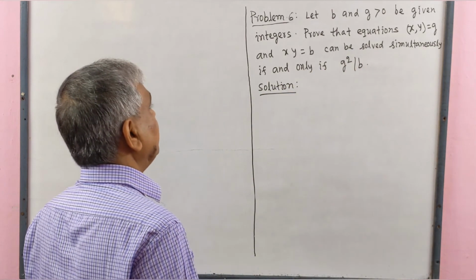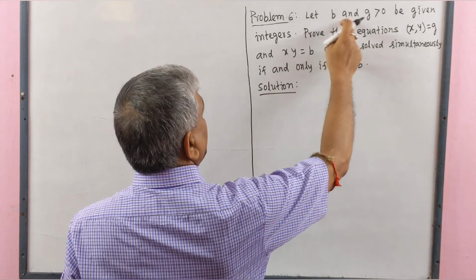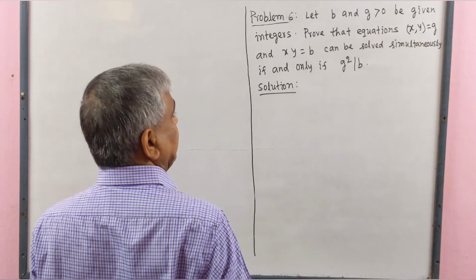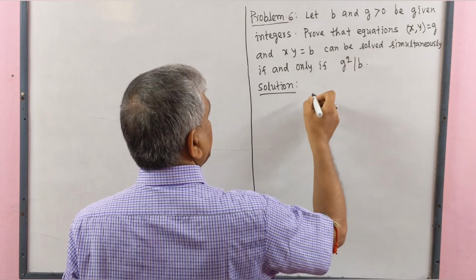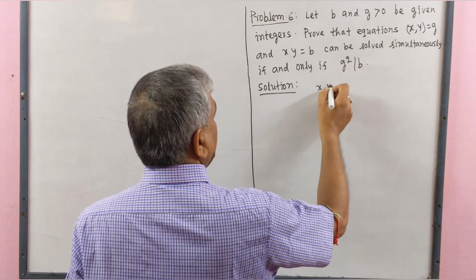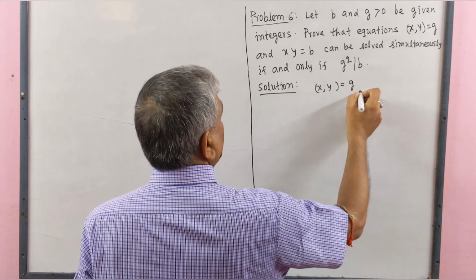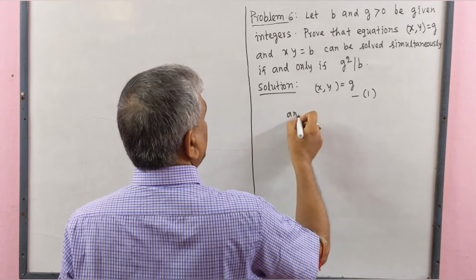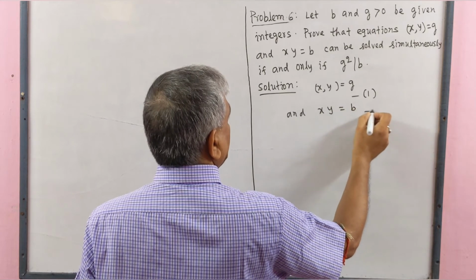Now we solve this. Since given that B and G greater than 0 be two integers, and also given that GCD of x and y equal to G, this is number 1, and x multiply by y equal to B, this is number 2.